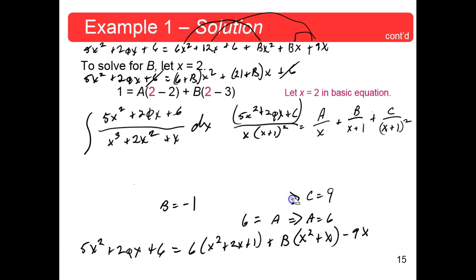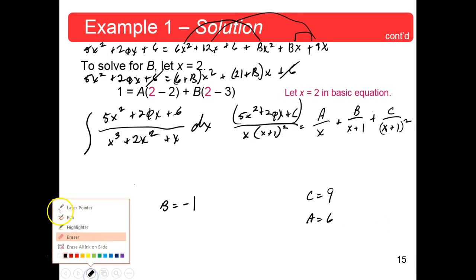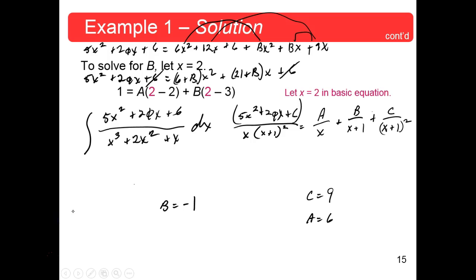And C is equal to 9. We need to hang on to that one. And A is equal to 6. We need that one.